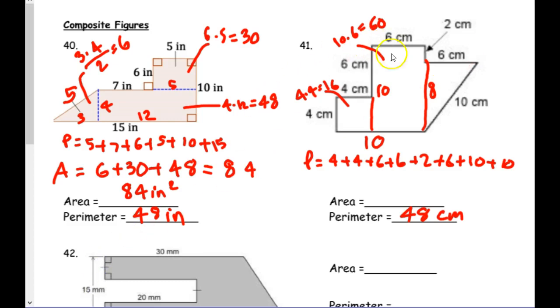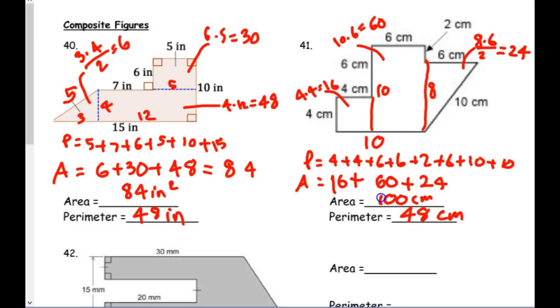Garbage. Try again. 8 times 6 divided by 2, 24. Okay, so I got my three areas. So my areas for the square are going to be 16 plus the rectangle is going to be 60 plus the triangle is going to be 24. It's going to give me 100 centimeters squared.